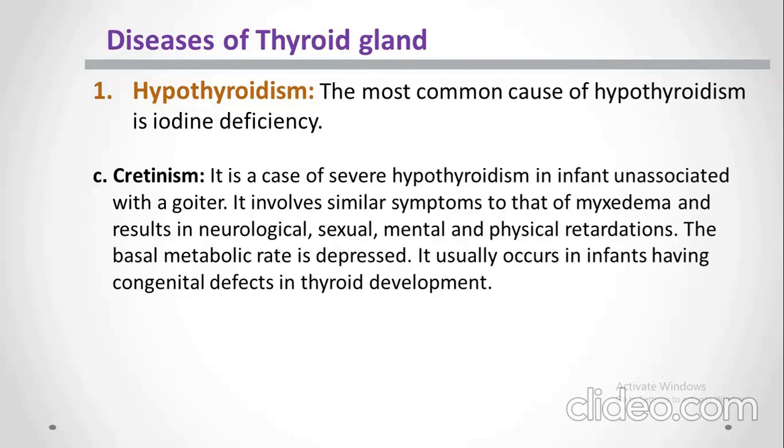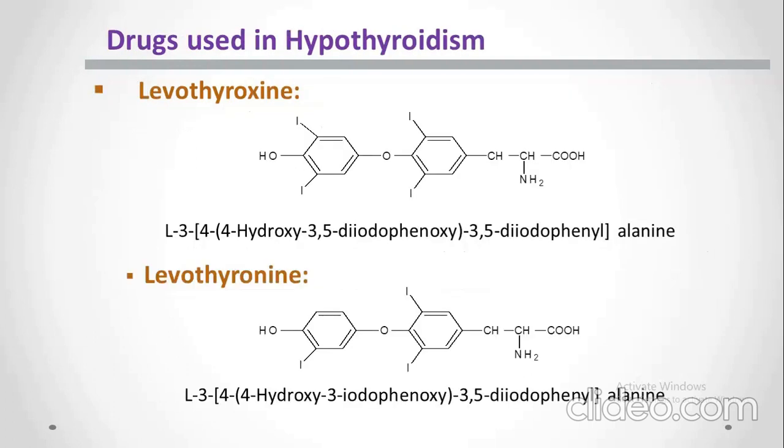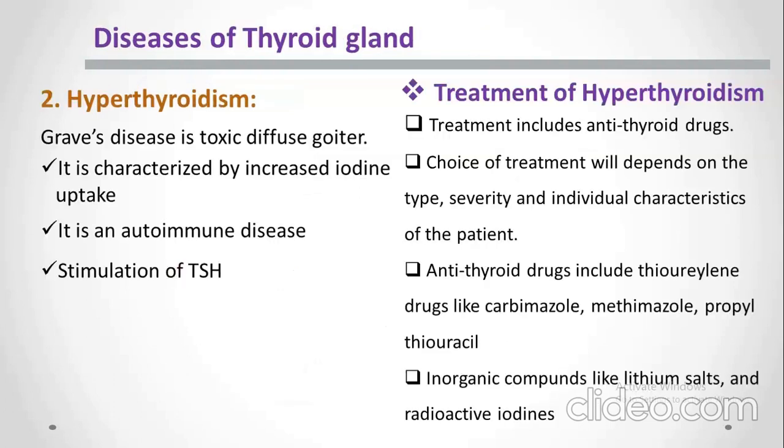The basal metabolic rate is depressed. It usually occurs in infants having congenital defects in thyroid development. So here are the drugs which can be used in hypothyroidism, namely levothyroxine and liothyronine, and the structures of these two.